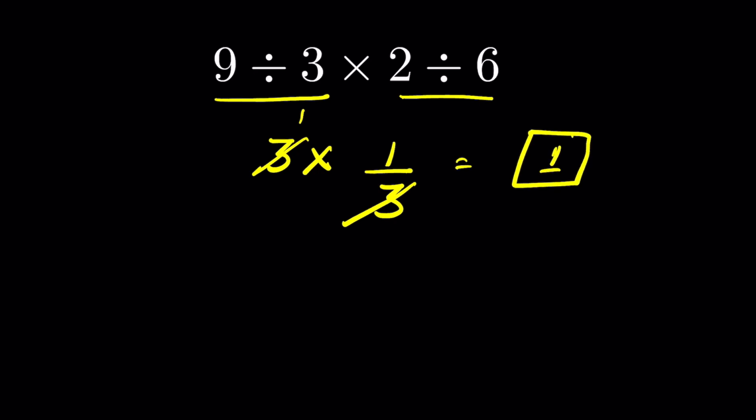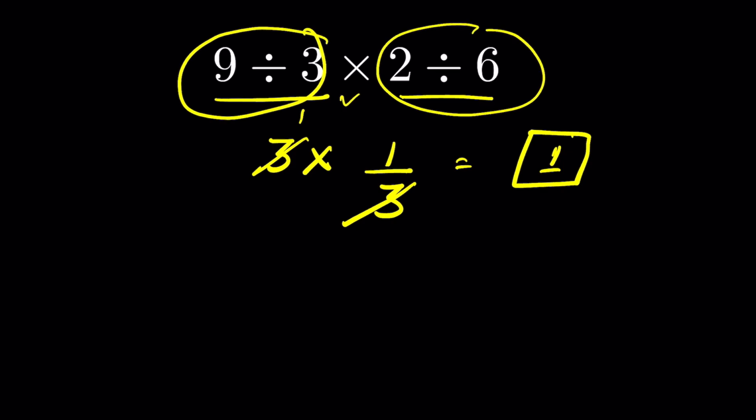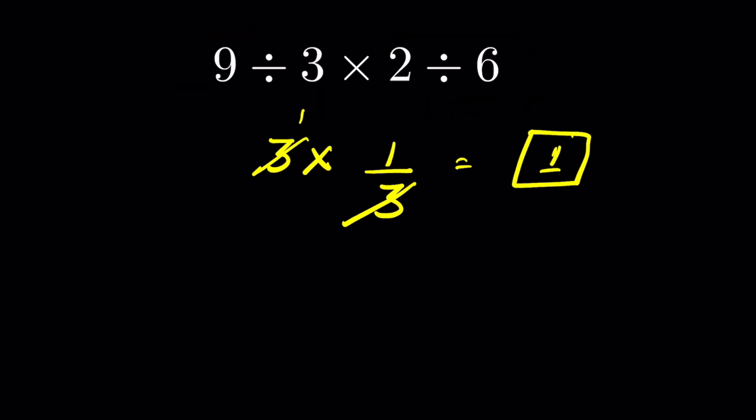You are getting the correct answer. But this may happen in some questions that the order won't matter, because these two operations are separated by a multiplication. That's why you're getting the correct answer. It doesn't mean that you don't have to follow the left to right rule. So following the correct rule is very important.